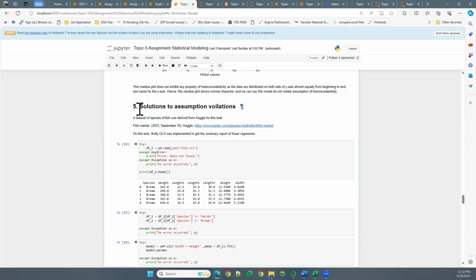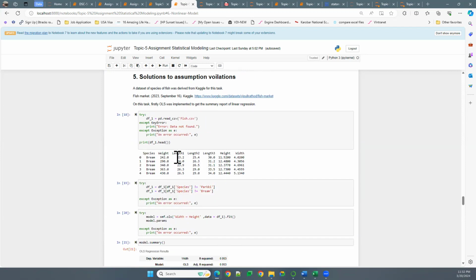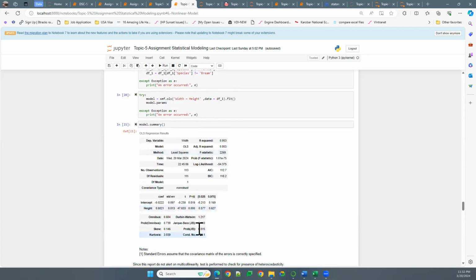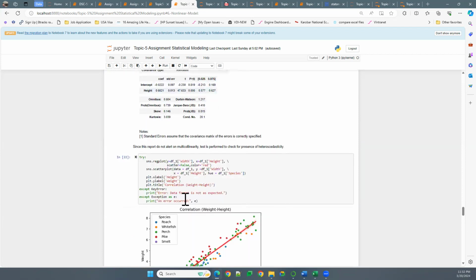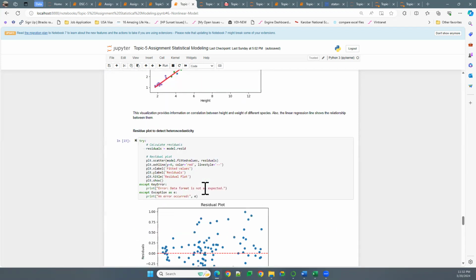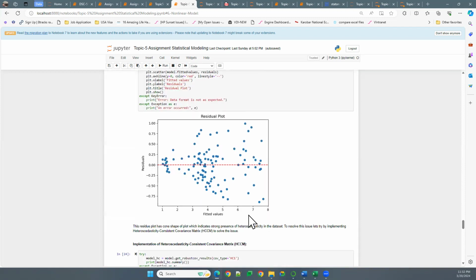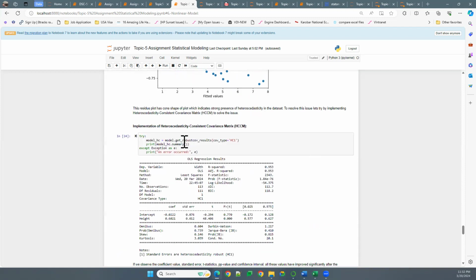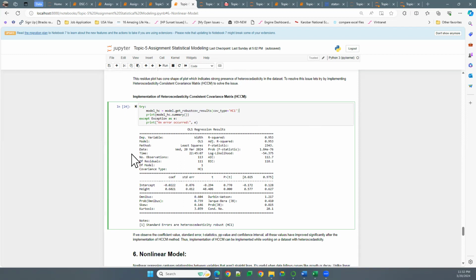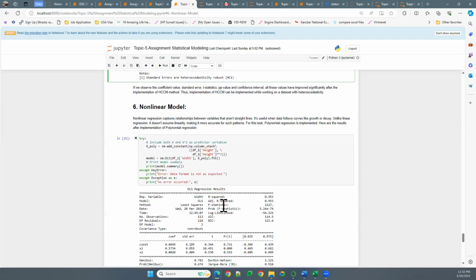And for number 5, solution to the assumption violation, I downloaded another dataset from Kaggle and then derived the model summary. After that, I plotted the values and then plotted the residue as well to detect the heteroscedasticity and implemented the robust heteroscedasticity HCCM to check for any improvement in the values.